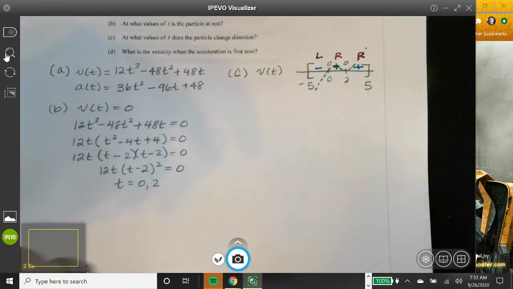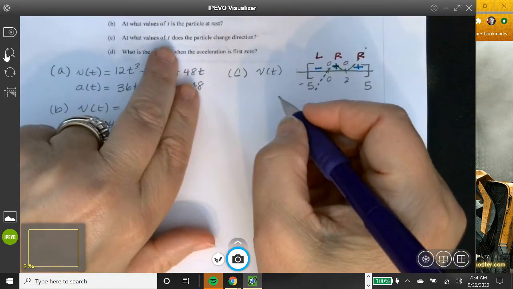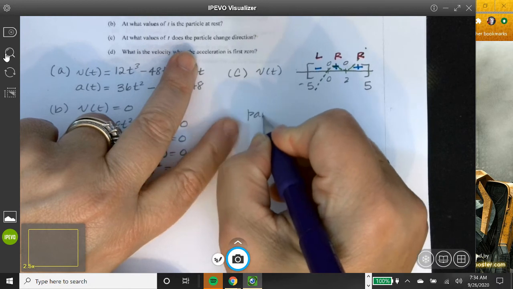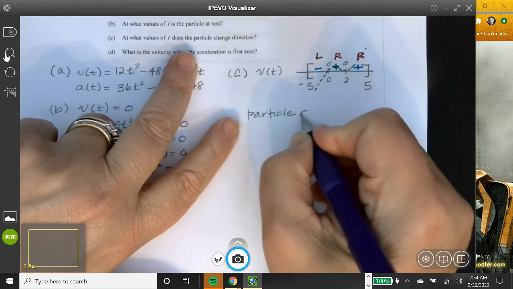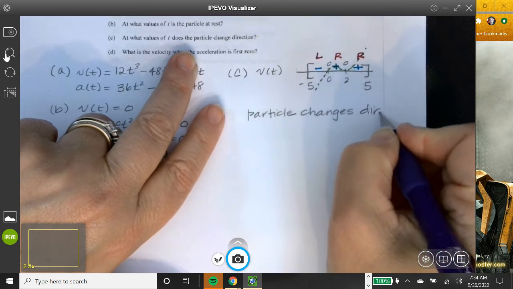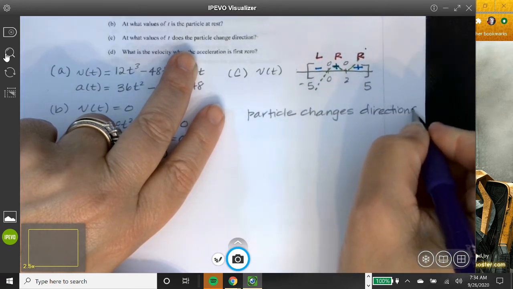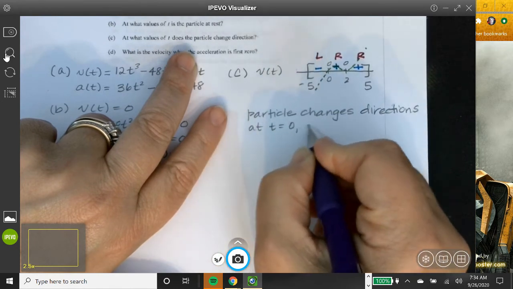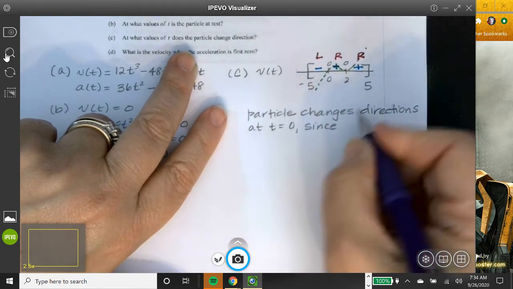Okay, so my answer for part C is going to be the particle changes directions at t equals 0, since, how did we know?